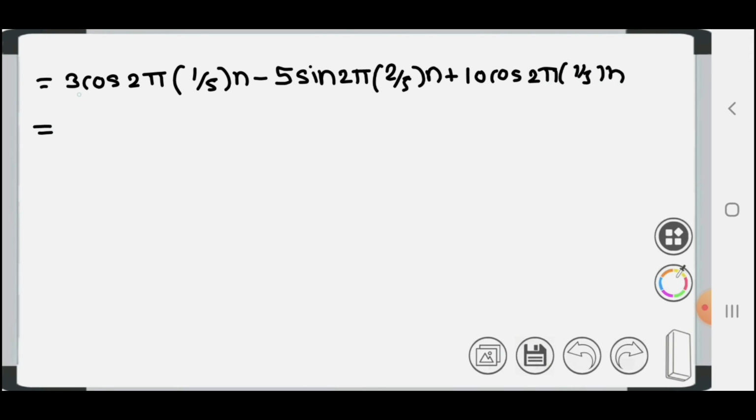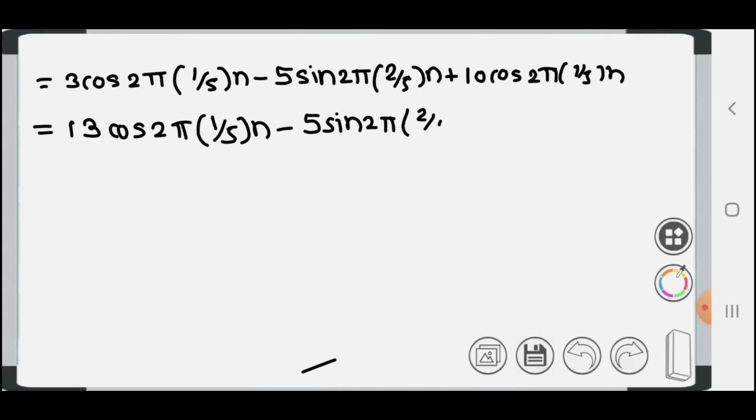Now if you see here 3 cos 2π and 10 cos 2π, they can be added, so you can directly write 13 cos 2π, because the frequency is the same, 1 by 5. So 1 by 5 n and 5 sin 2π 2 by 5 n.